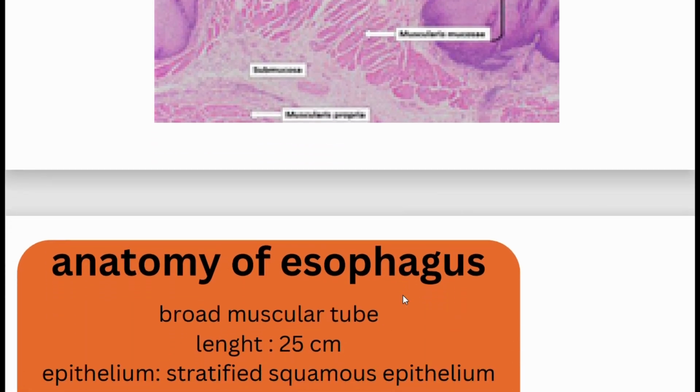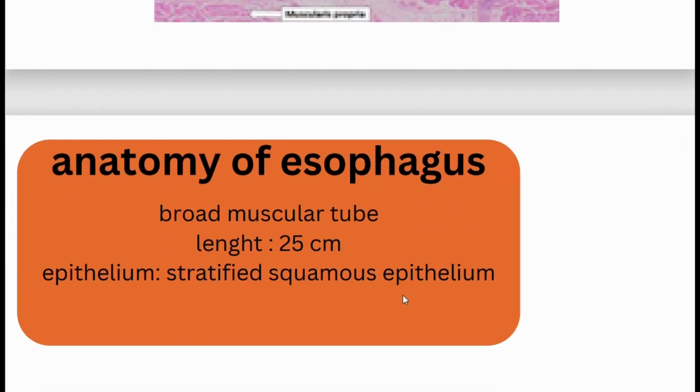Let's start with the esophagus. The esophagus is nothing but a broad muscular tube. What is the length of the tube? The length is 25 centimeters, and it is lined by stratified squamous epithelium.